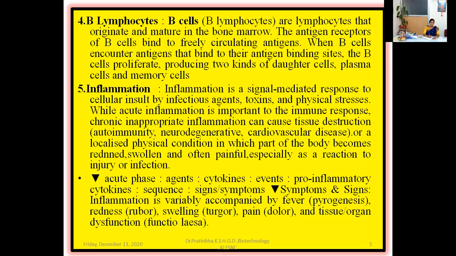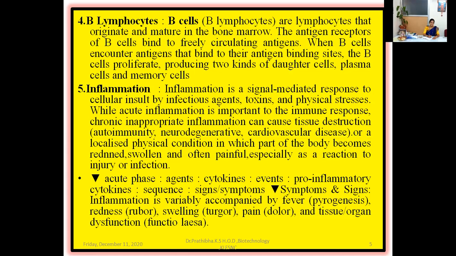That also brings autoimmunity, neurodegenerative, cardiovascular disease. Or this inflammation we can define as a localized physical condition in which part of the body becomes reddened, swollen, and often painful, especially as a reaction to injury or infection.